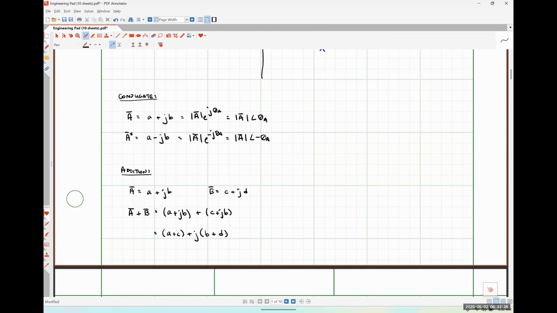Okay. That being said, your calculator doesn't care. So you can totally add polar form complex numbers together all day in your calculator. You just can't do it by hand. Subtraction, goodness gracious, is going to be very similar.